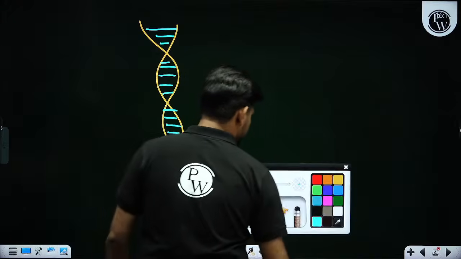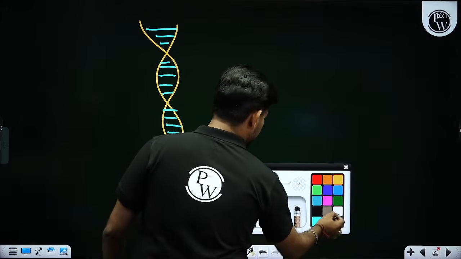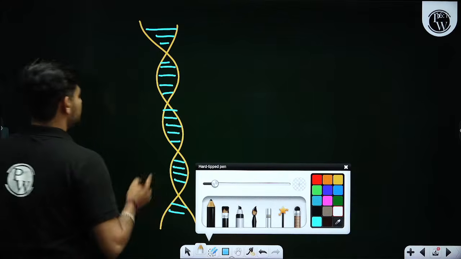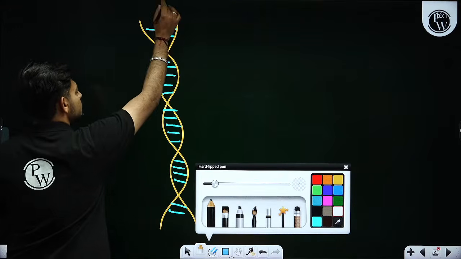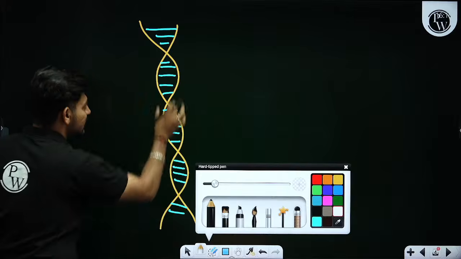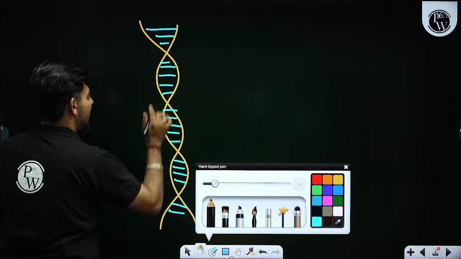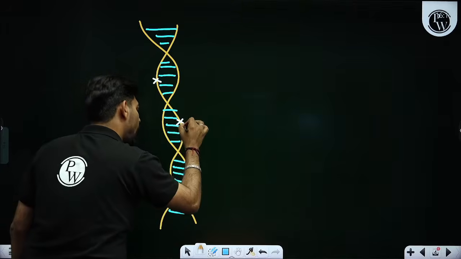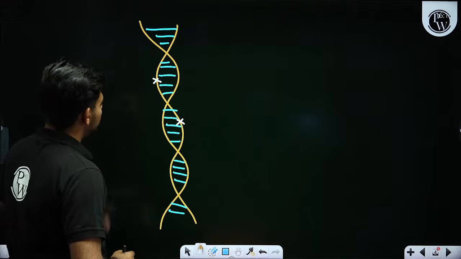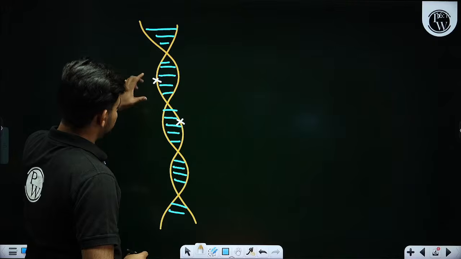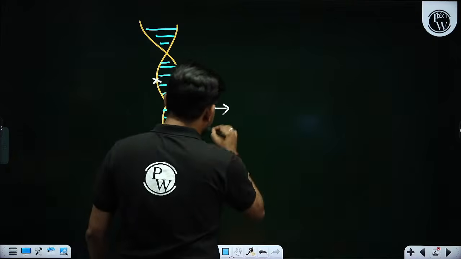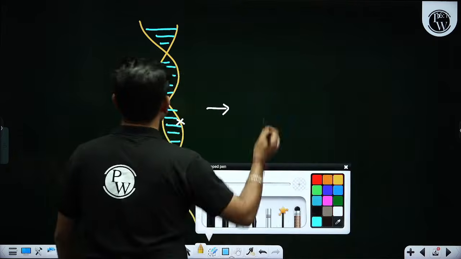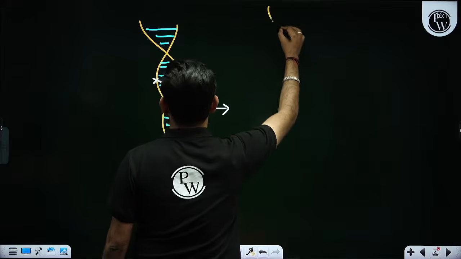Now, if you want to separate them, you need that particular molecular scissor, and that molecular scissor will be inspecting the codes written on this DNA, and after checking, it will make a proper sticky end cut in between some specific region, and the resultant pieces will be like this.